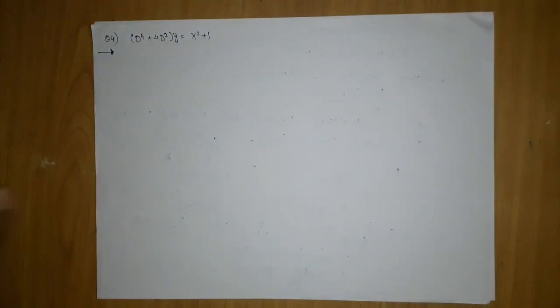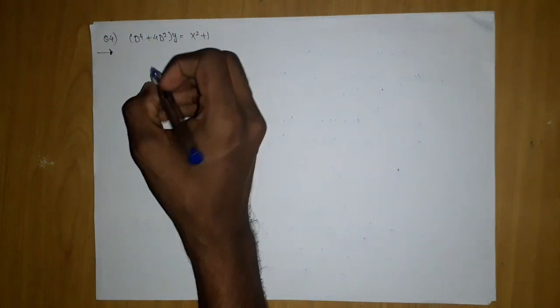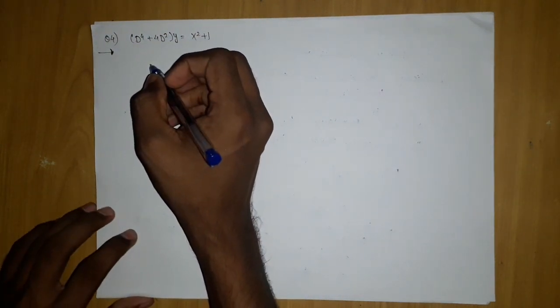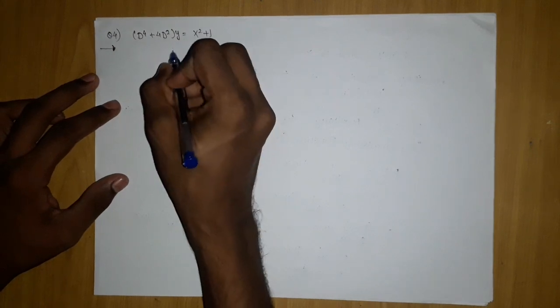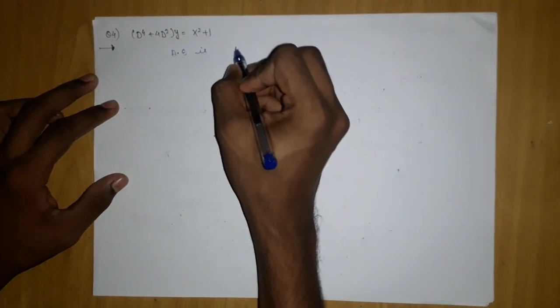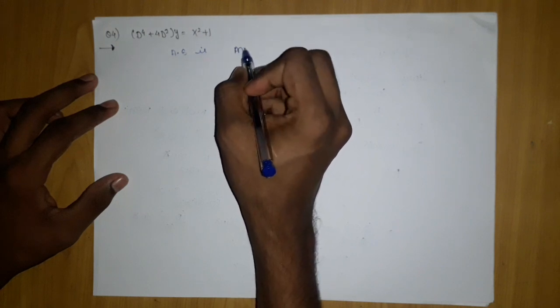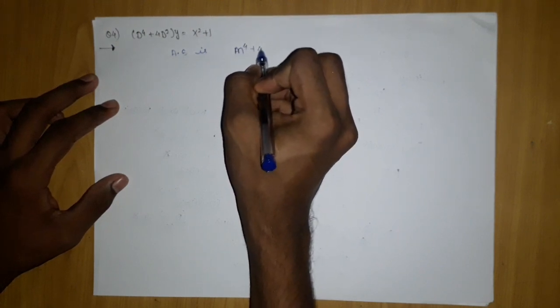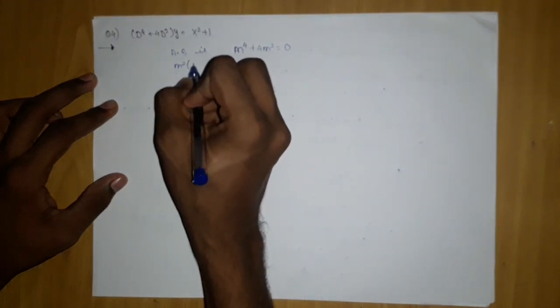Now the question which we are going to take in this session is the fourth question, which is this: D power 4 plus 4D square into y equals x square plus 1. So we are going to write the auxiliary equation: just replace D by m in f of D. The moment you do that, you can take m square common.